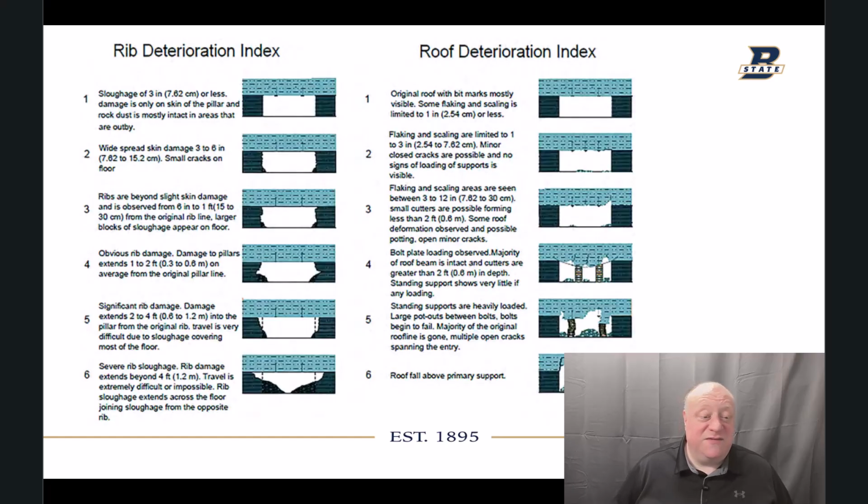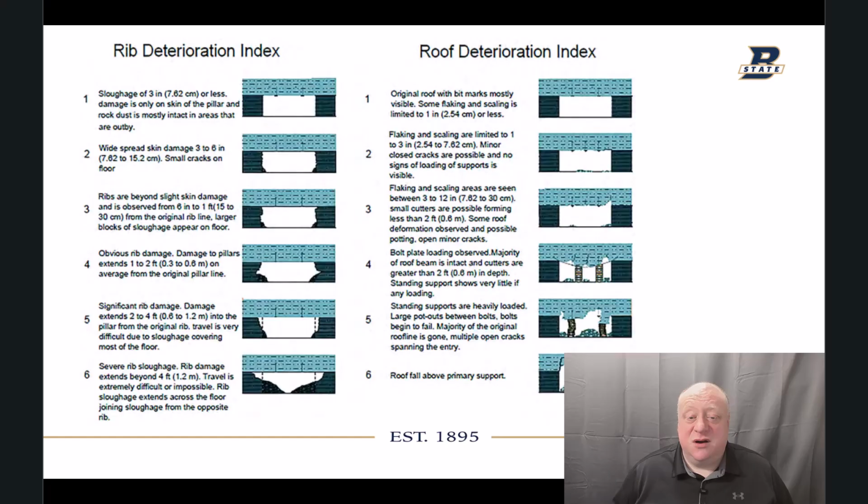You get up to 1 foot for a level 3, 2 feet for a level 4, 4 feet for a 5, and anything beyond 4 feet gets you into a 6 category. There are drawings associated with these that show what a typical pillar or some pillars might look like when they're in these levels of condition.